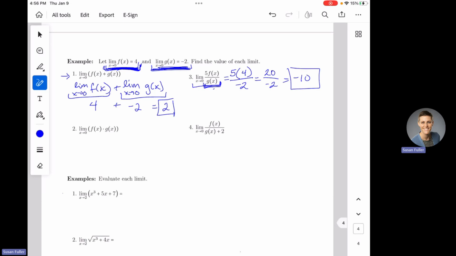And that is the value of this thing. If you weren't sure where I got this from, if that's unclear to you, again, we're going to do the limit at the top divided by the limit at the bottom. And we can apply that limit to basically everything in here. And if I have a number times a function, I can basically pull that number out of the limit, and we ended up doing this.